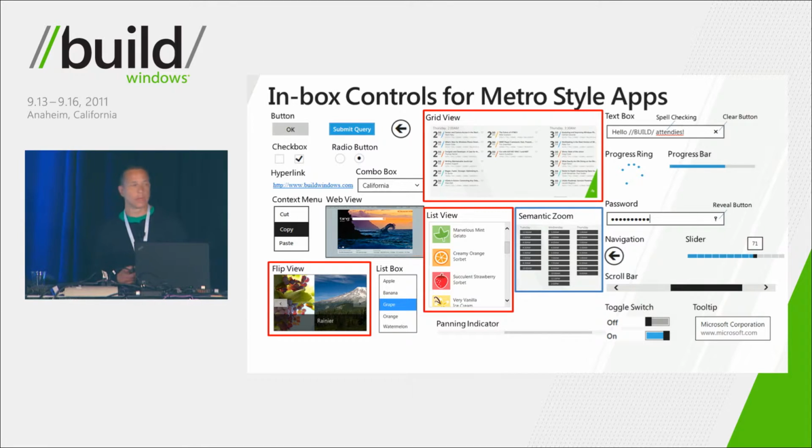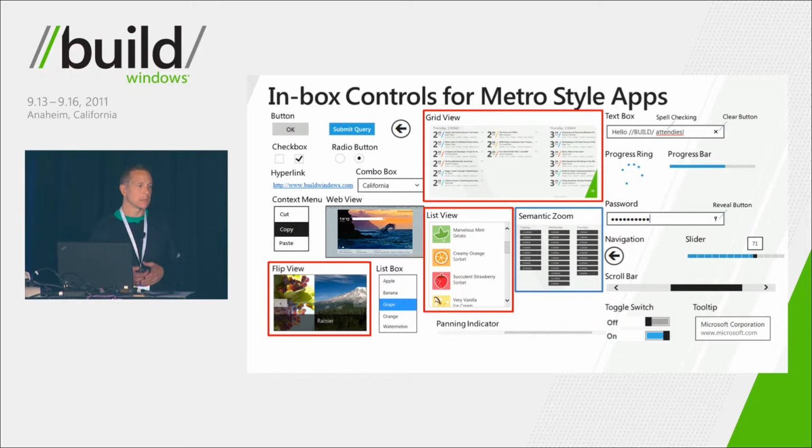The only thing to really call out on here, other than the Metro style, is there are some controls with new names. Most of them have the same name, but the web view on there is what you would know as a web browser control, but it's now called the web view. The text box is still the text box, but now it has some additional features that you may not be used to in Silverlight, such as spell checking. Topalo is talking about that in his talk. I think it's tomorrow.